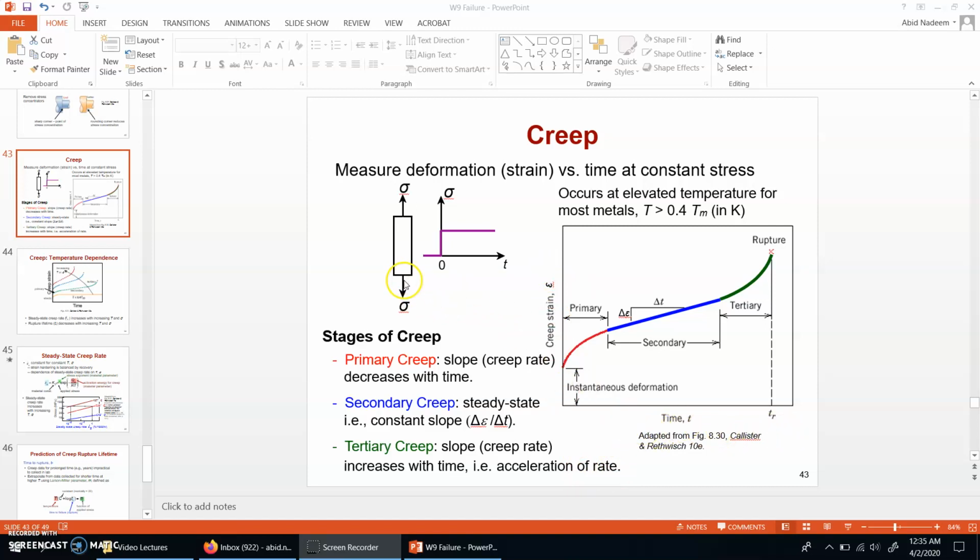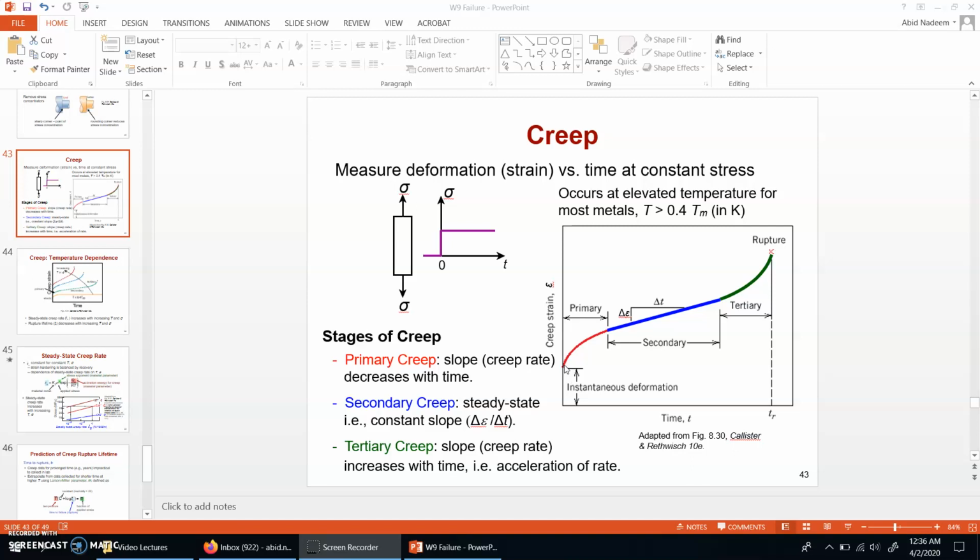When you apply a load, a stress, on a specimen and then maintain that specimen for a longer period of time, there are some changes which take place in the specimen. First, the instantaneous change is the instantaneous deformation. This is the normal strain which we observe when we apply a load on the specimen.